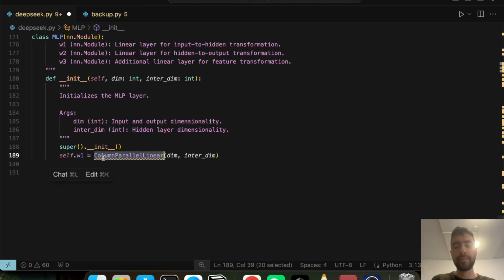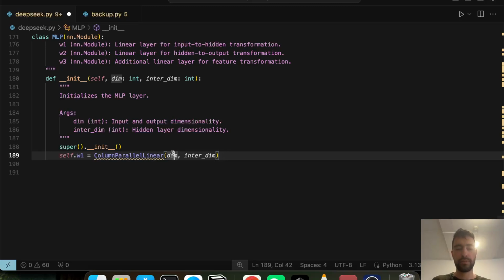So we now create the W1 vector. Let's imagine this as linear, because if we have just one GPU, then this will act as a linear layer. After I finish this, I will explain how parallelization works, although I already explained this before, so I will just repeat it a little bit. W1 will have the input dimension as input and the inter dimension, the hidden dimension, as output.